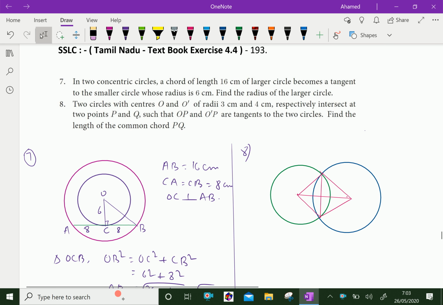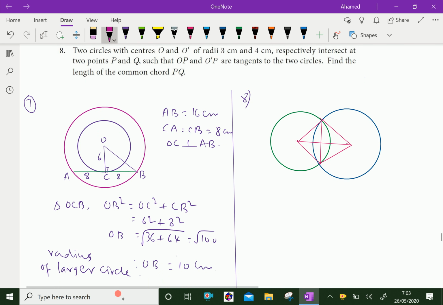Here, let the center of the small circle be O and the larger circle be O dash.